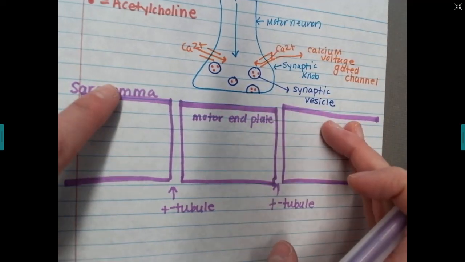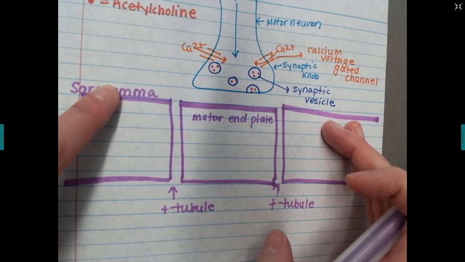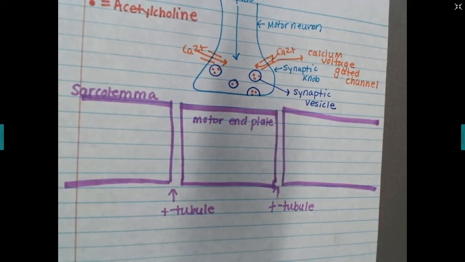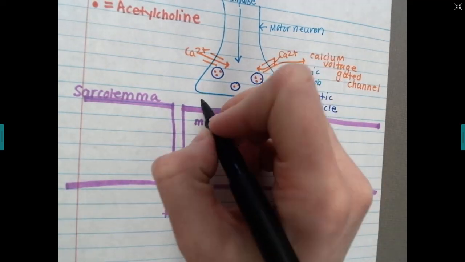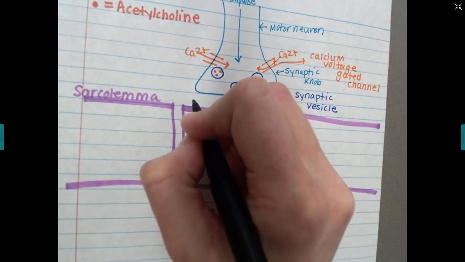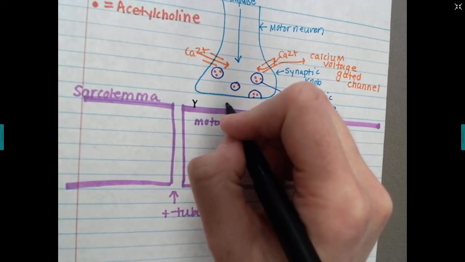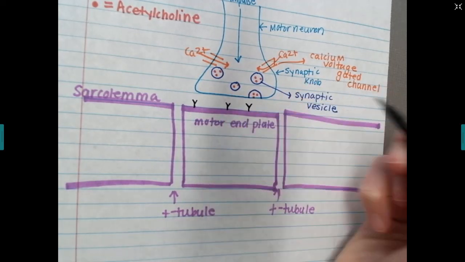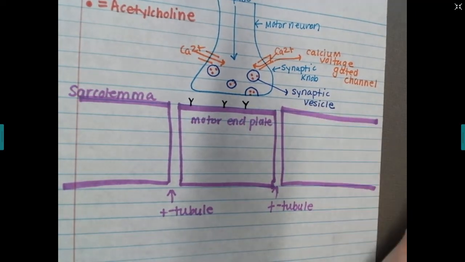There's no motor neuron over here, so that's not the motor end plate. That's just plain old sarcolemma. There's a specific area called the motor end plate that is different because it contains receptors. And the receptors are going to be located on the motor end plate. And those receptors are complementary to acetylcholine.